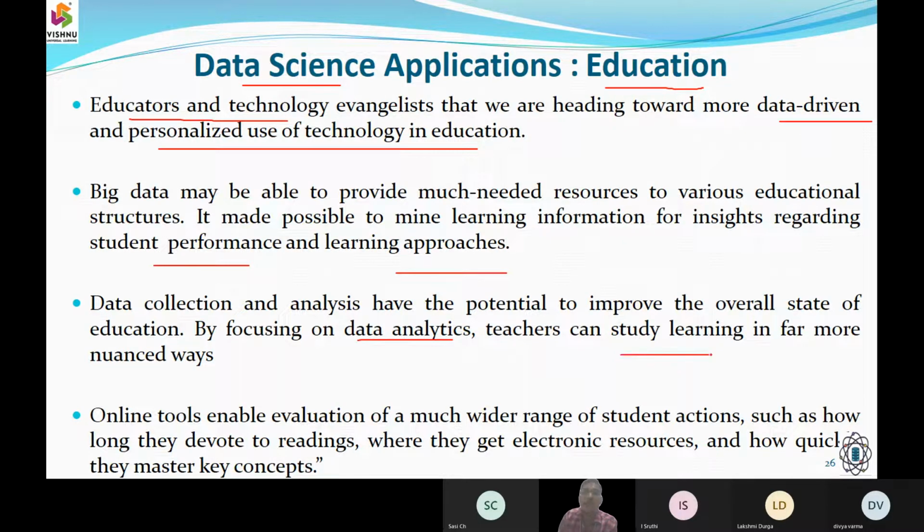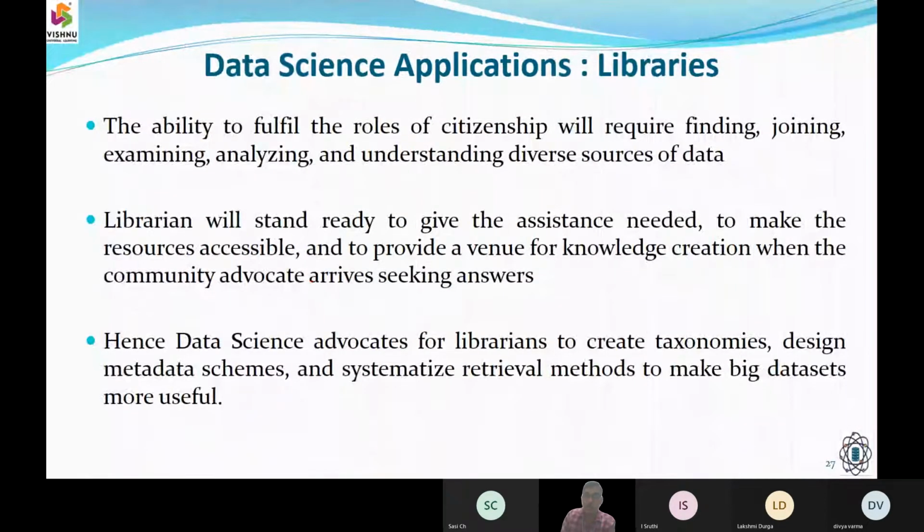Every student will be analyzed with this data. Based on his data, analytics is going to play a major role. Online tools are going to be available. Big data is going to have a prominent role, because if it is tied up with universities, a large number of students will be there. So this is one area where education is going to use data science.